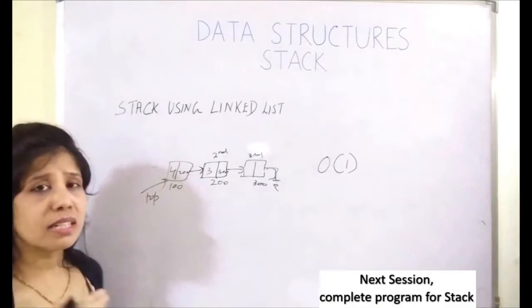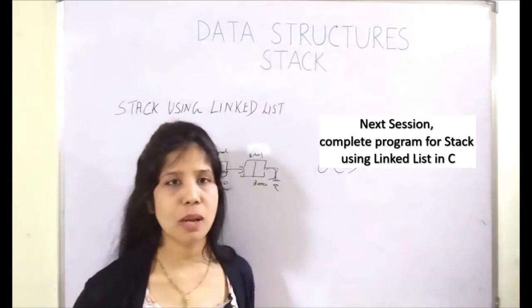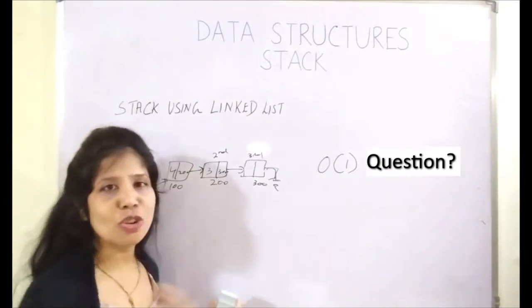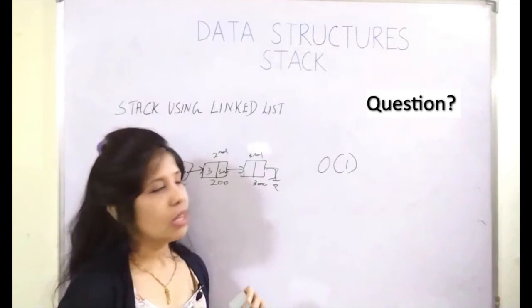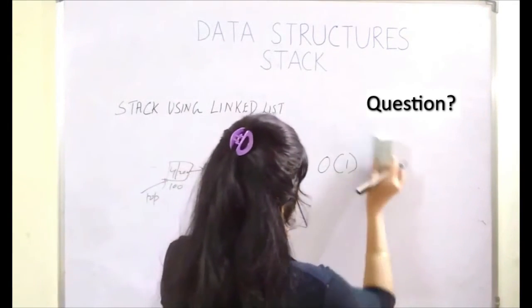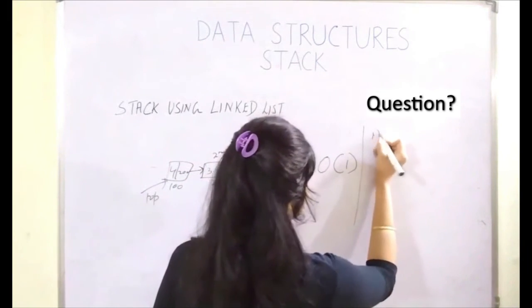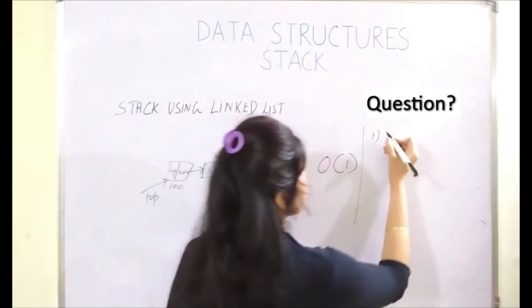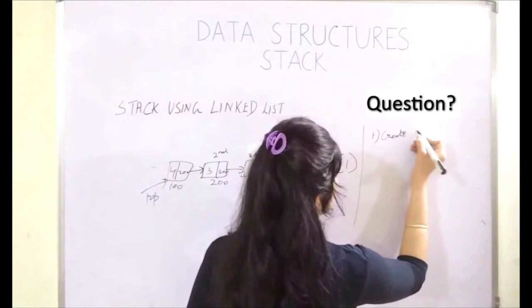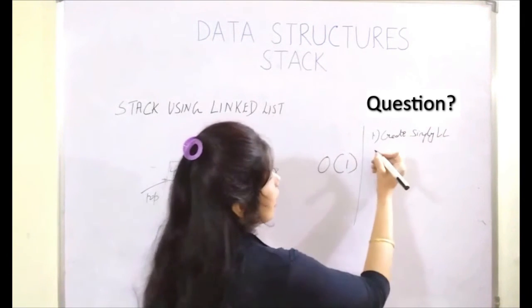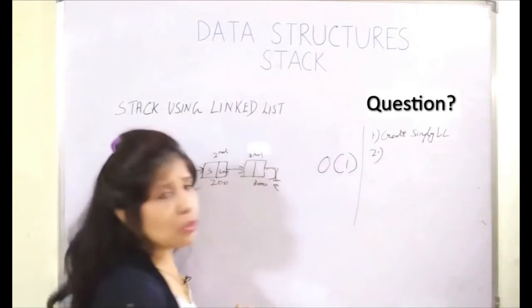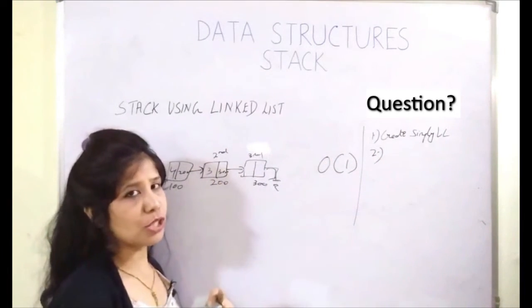So this is what we will be seeing in detail. We'll write the whole program in C language. But this is also a quick question for you, just a few lines of code. First of all, you have to create a singly linked list, LL. It is very simple code. When you create a singly linked list, you have to create nodes, as you might be aware.